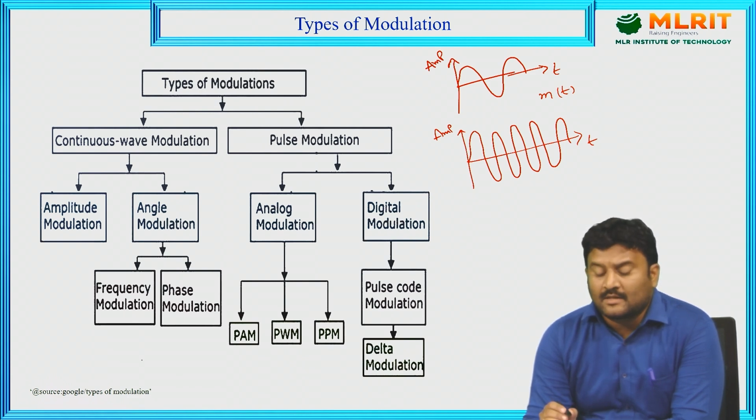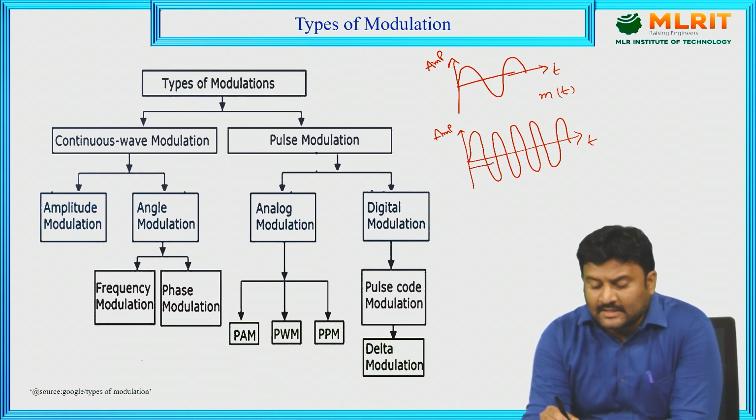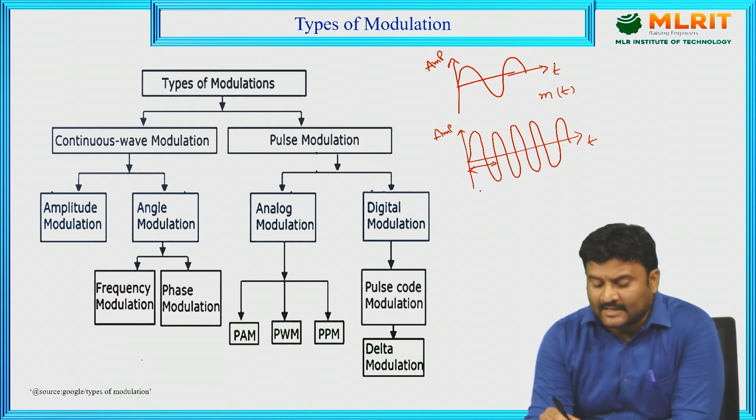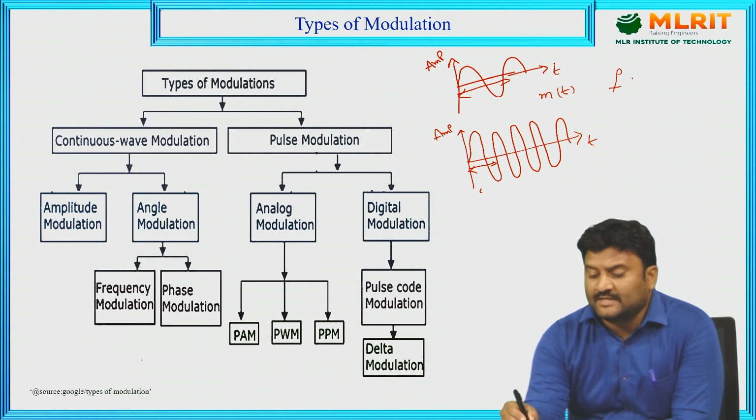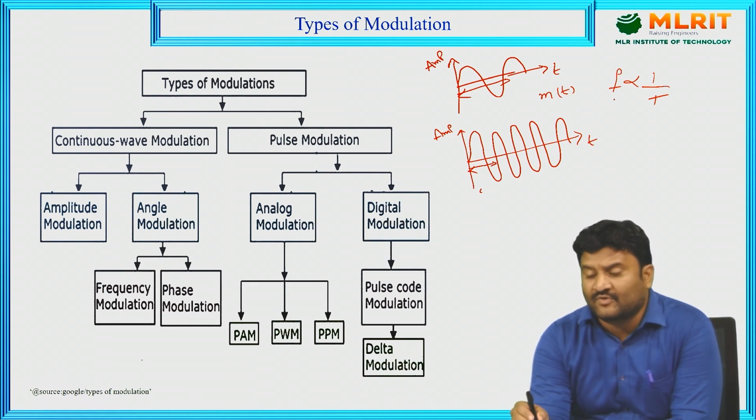The time period is less in the carrier signal, here the time period is more. We know the relation, the frequency is inversely proportional to time period. The time period is more means the frequency is less. The time period is less means the frequency is more.